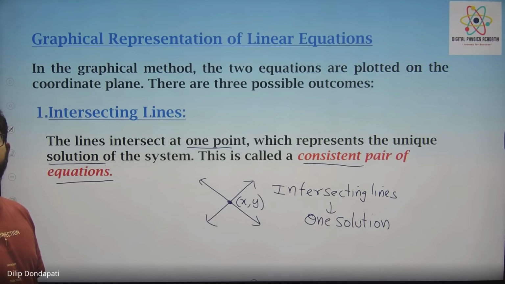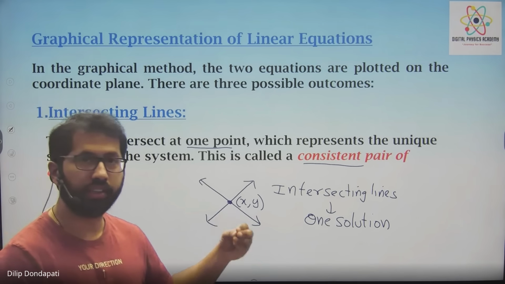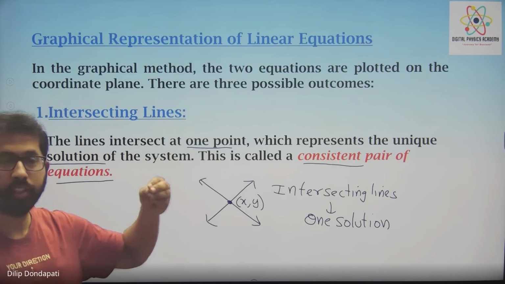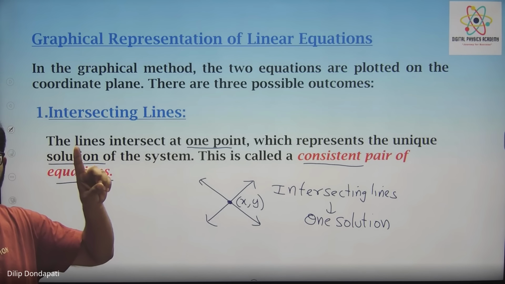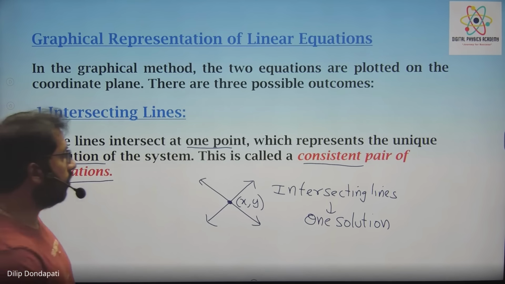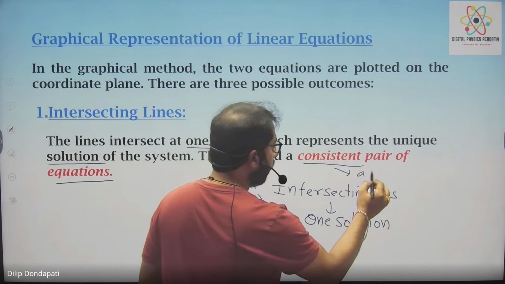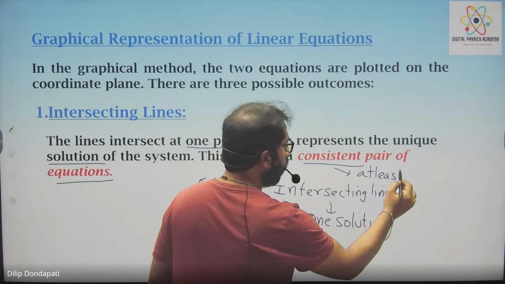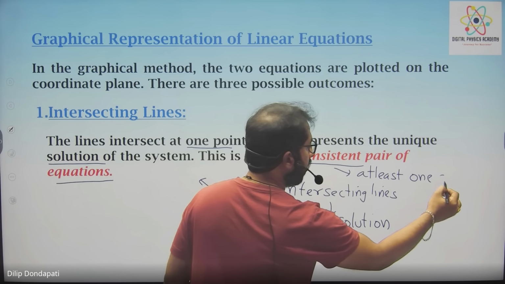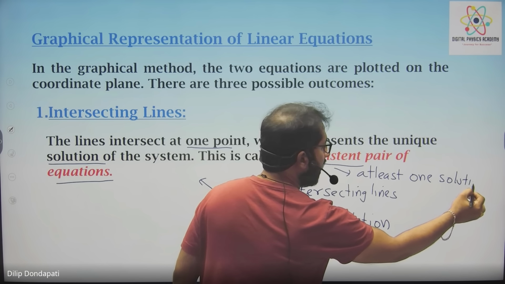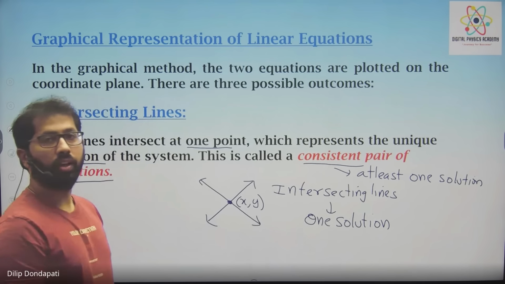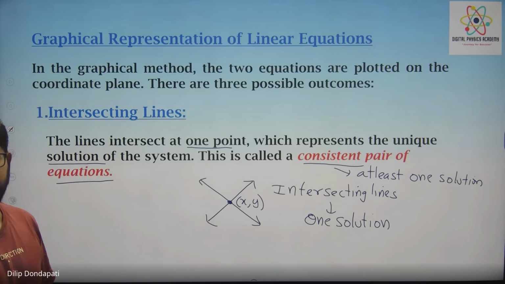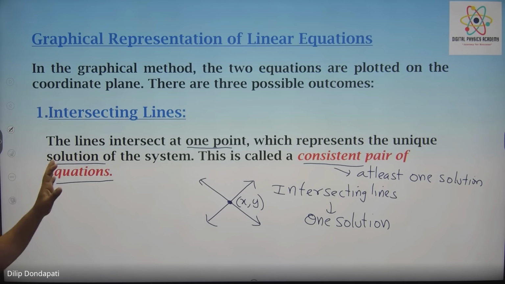So directly they will tell whether these lines are consistent or not. If it has at least one solution, then it is called consistent. Since it has one solution, that is called consistent. Okay. Intersecting lines are consistent.